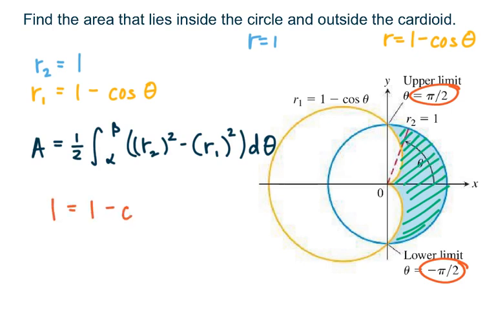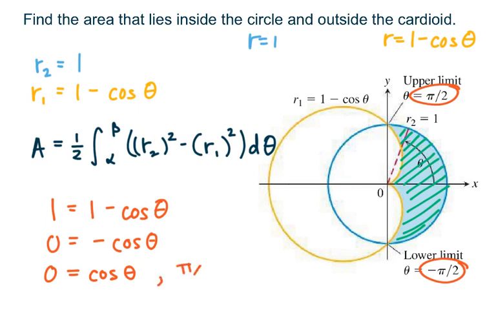So 1 equals 1 minus cosine theta. Subtract 1, I've got 0 equals negative cosine theta, and of course I can divide by the negative on both sides. 0 equals cosine theta. And you have to ask, where does cosine theta equal 0?